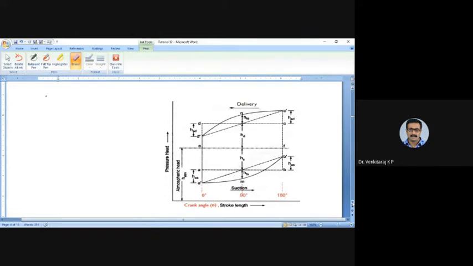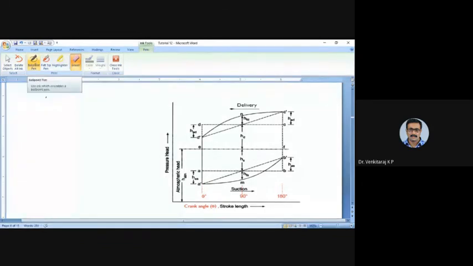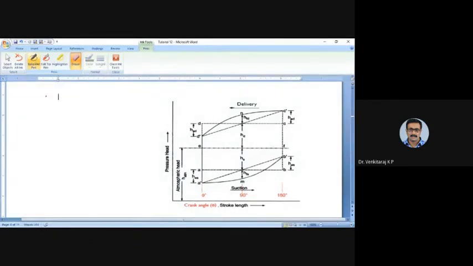With respect to this indicator diagram, we can understand that during the suction stroke, the minimum pressure, or the lowest pressure, occurs corresponding to crank angle theta equal to 0. This is the point where the lowest suction pressure is occurring during the suction stroke.